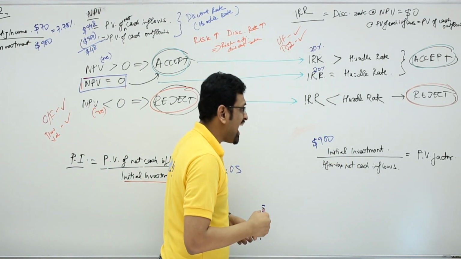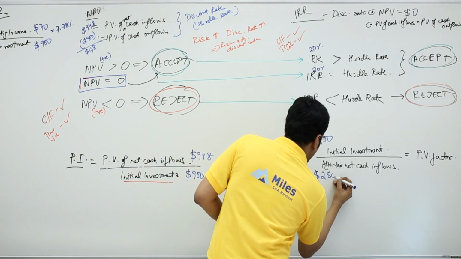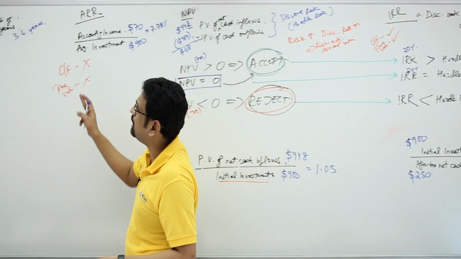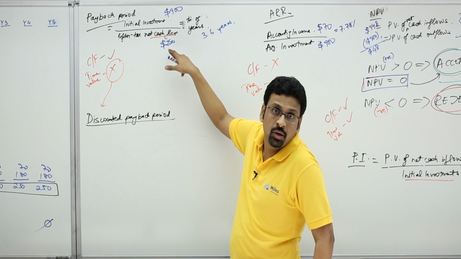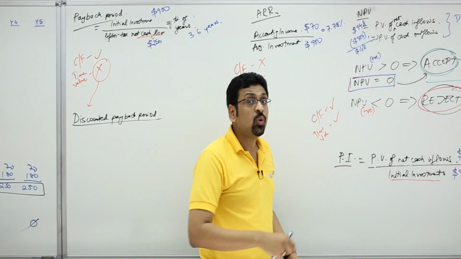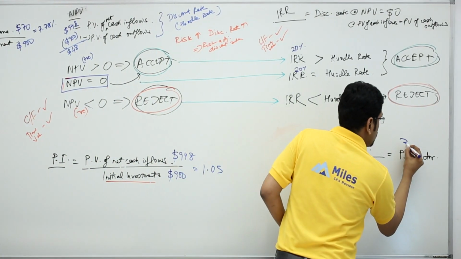The after tax net cash flow each year is 250. Guys, 900 by 250. This is the same as what you have for payback here. 900 by 250. Here you get 3.6 years. There you get 3.6 present value factor.